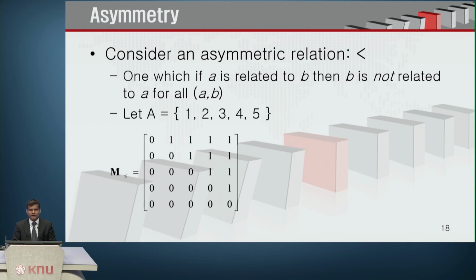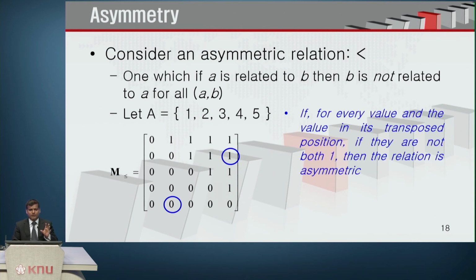Looking at this part, when you closely examine this matrix, you will find that for every value, the value in its transposed position, they are not both 1. Here you can see the upper and lower triangles are ones and zeros, and definitely when you have a transposition, it would not be the same.